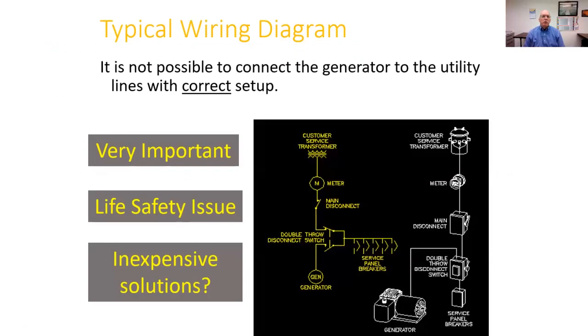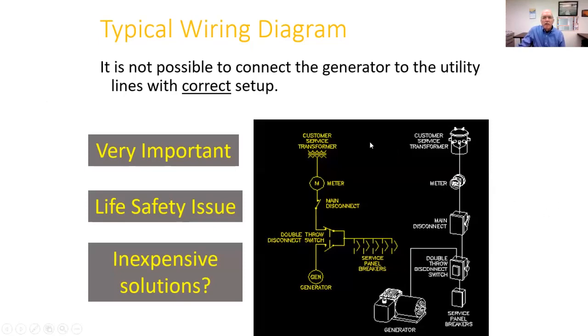Here is a typical wire diagram. It is impossible to connect the generator to the utility lines if you have the correct setup in the first place. It's, as it says there, a very important life safety issue, and there are some inexpensive solutions.